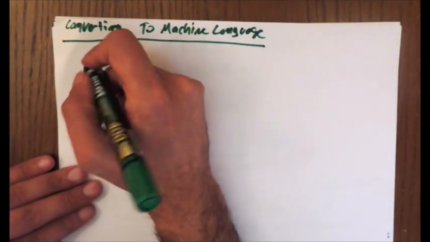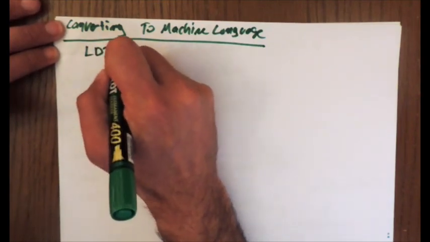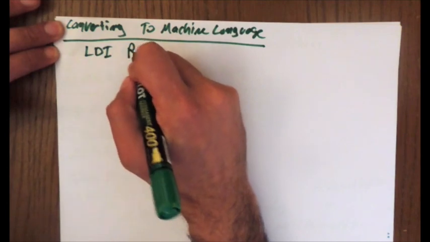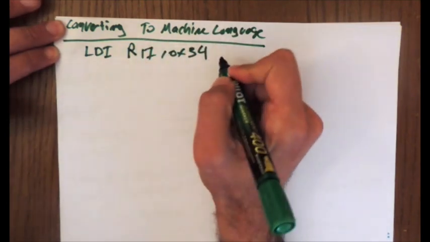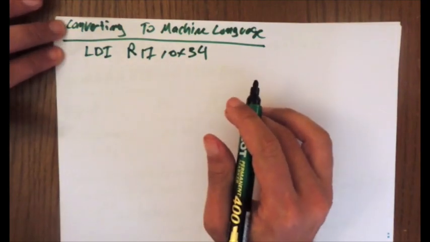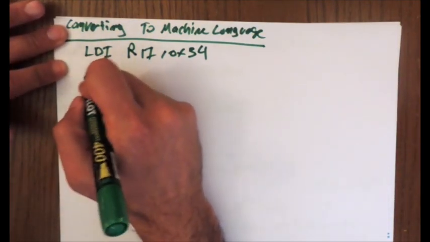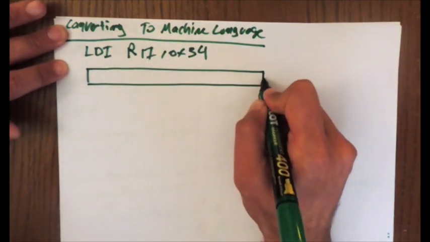So let's say we have LDI R17, 0x34. First we need to know the layout of this instruction in binary. So the layout is going to be as follows. Remember, this is 16 bits.